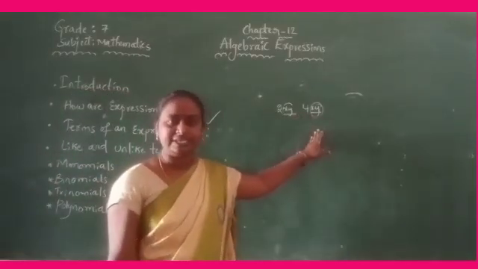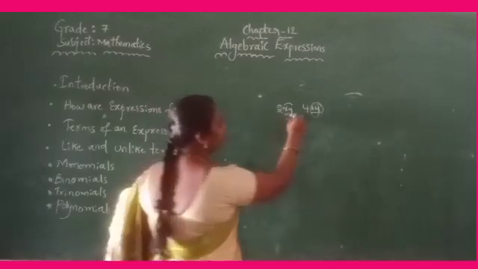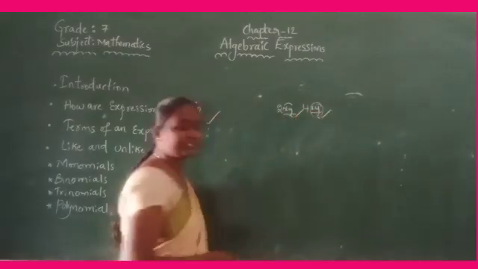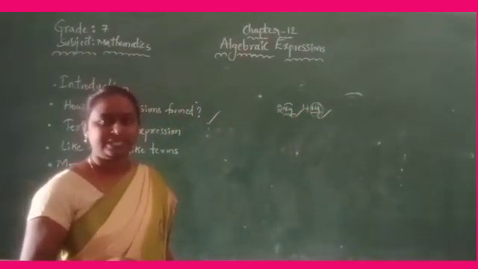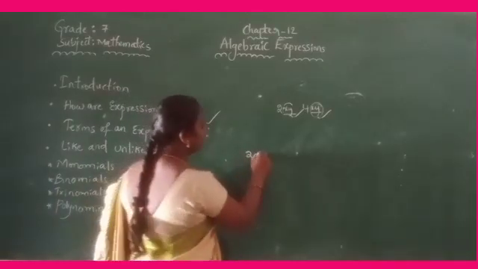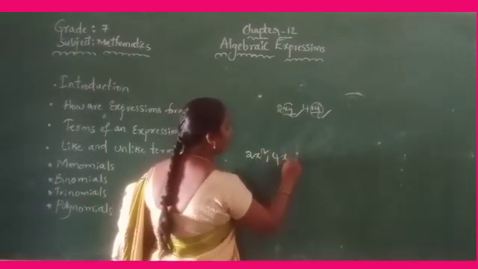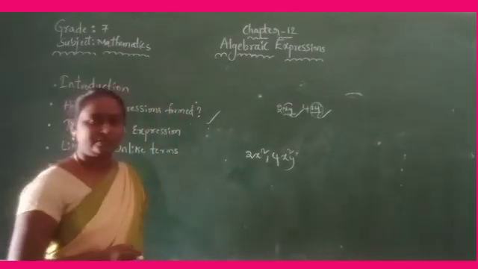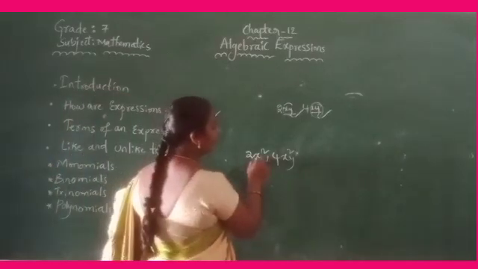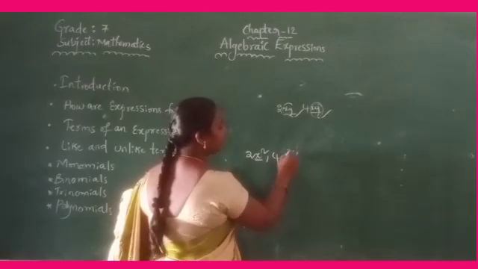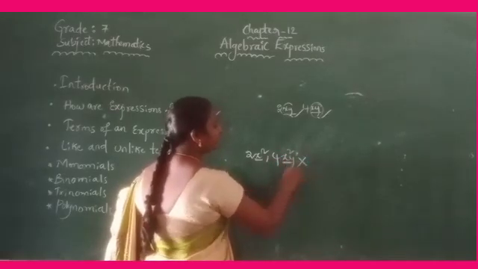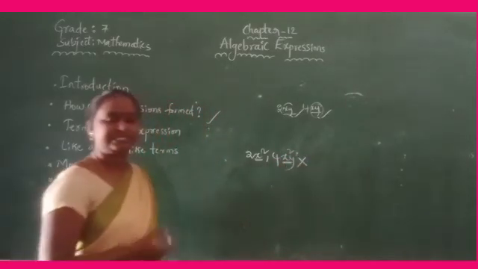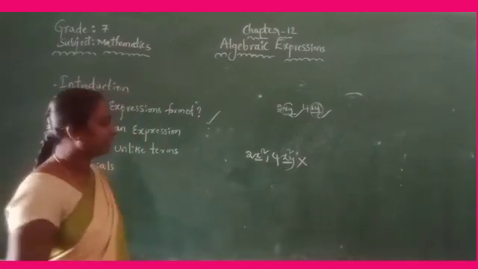Yes, we can say that these are like terms. Can you say 2x square and 4x square y are like terms? No. It has only x square as the algebraic factor in one, and x square into y in the other. So these are not like terms. These are unlike terms.